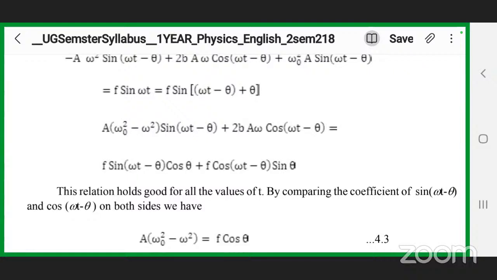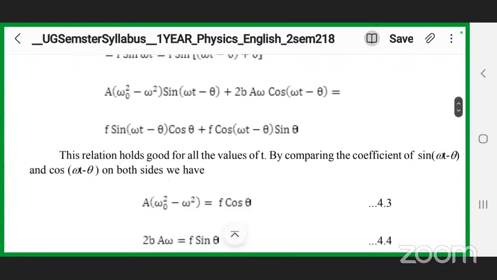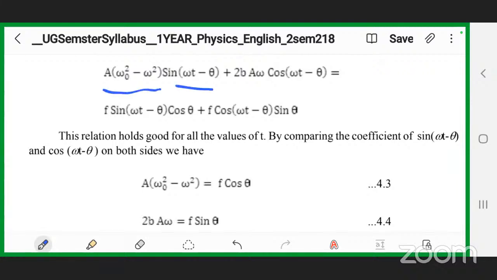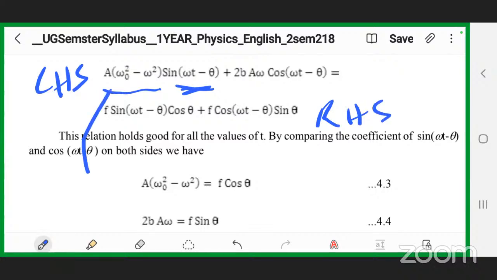So the same thing we have substituted. So here in this equation, by equating some terms here, that is A into, again we go for this, A into, here sin omega t minus theta is there. Where is sin omega t minus theta? And this is LHS, this is RHS. Okay, LHS term is there, A omega naught square minus omega square, which is equal to, what is the RHS value?